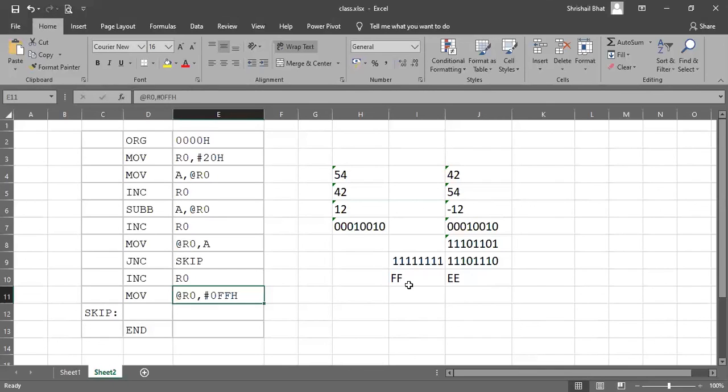So my total number is FFEE. But when I perform this, in my A, I will have only EE and the carry flag will be set. So if the carry flag is set, it will indicate it is a negative number. So in the higher order location of the result, I have to store FFH just to indicate that it is a negative number.